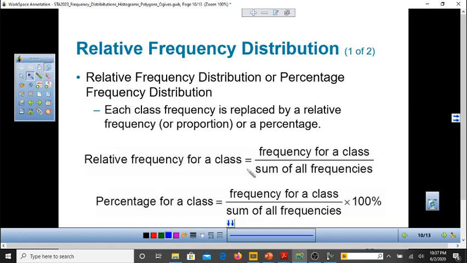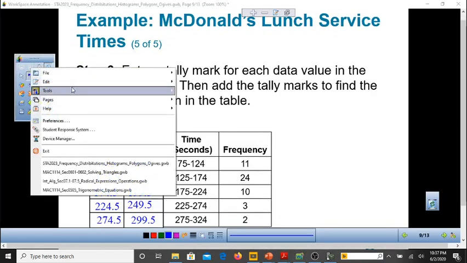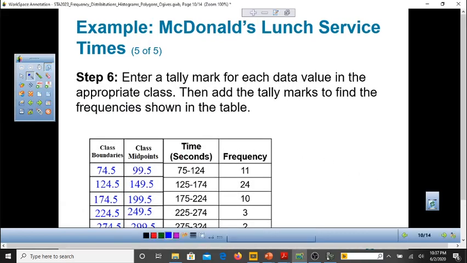So what I'm going to do now is create a relative frequency column for the table I just did. So I'm going to just duplicate this slide. And now I'm going to do the relative frequency distribution for that slide.